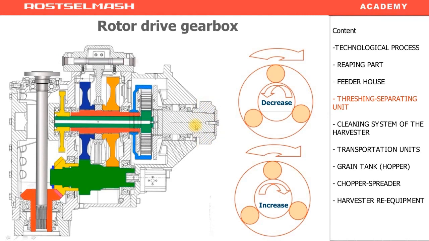This is the way it happens. For example, you choose the second range, and then press the increase button. Then we press the button of rotor RPM increase. We start increasing the rotation speed of the sun gear.